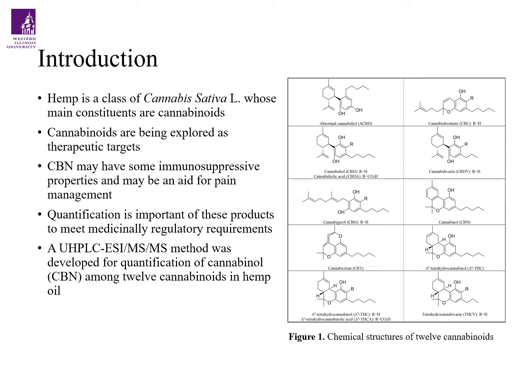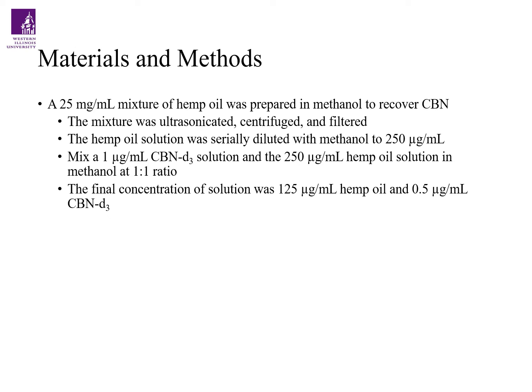The chemical structures of the 12 cannabinoids focused on in this study can be seen on the right-hand side of the screen. The first step in this project was to prepare a 25 milligram per milliliter mixture of hemp oil and methanol in order to recover CBN. The mixture was ultrasonicated for 20 minutes, centrifuged for 10 minutes at 3,000 revolutions per minute, and then filtered.